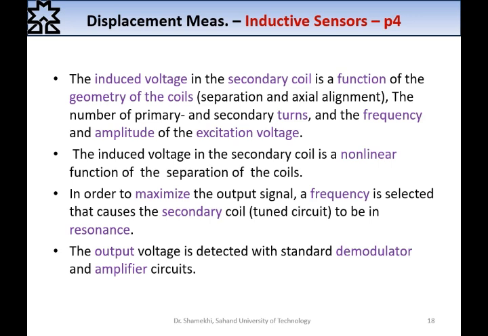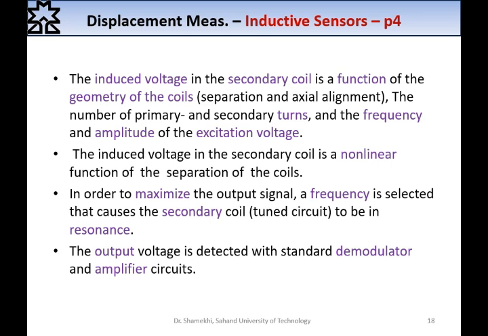As you can read, the induced voltage in the secondary coil is a function of the geometry of the coil, and the number of primary and secondary turns is another important feature, and the frequency and amplitude of the excitation voltage are also important.